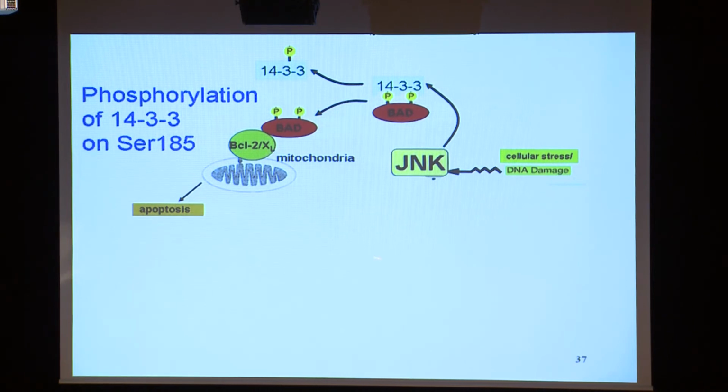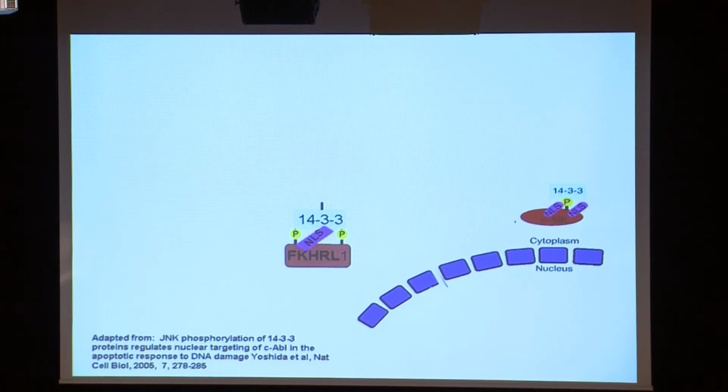Another aspect of response to cell stress is as follows. 14-3-3 binds to a number of other proteins, such as the so-called forkhead family of transcription factors. Now normally, this protein resides in the nucleus, because it has a sequence on the surface called the nuclear localization signal, nuclear localization sequence.